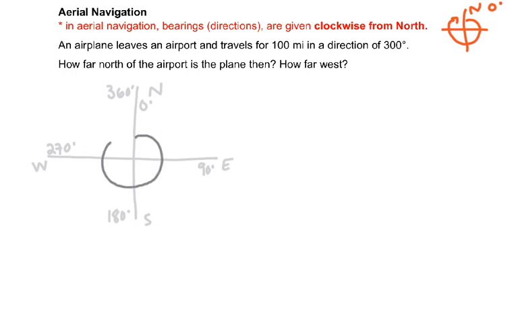Therefore, my angle is going to end up over here in quadrant 2. So this is my 300 degrees. And then we draw that going out. That's the direction the plane is traveling, and that is 100 miles. So this allows us to draw our reference triangle.